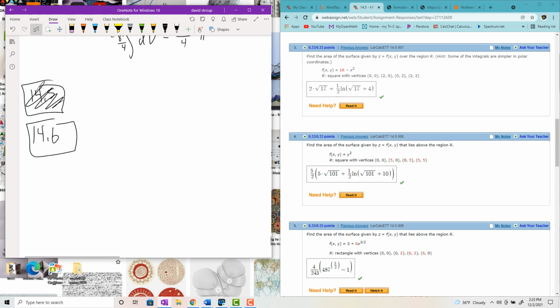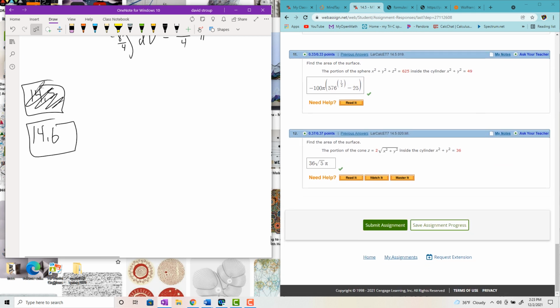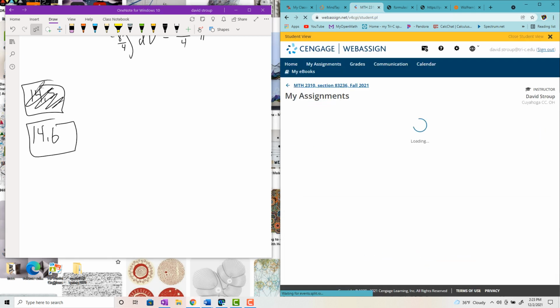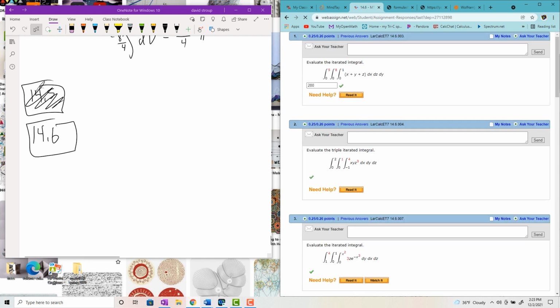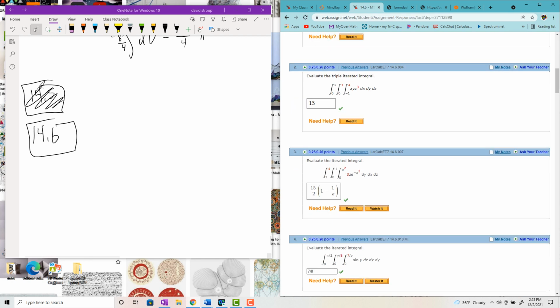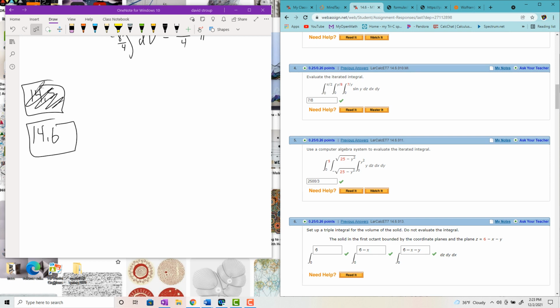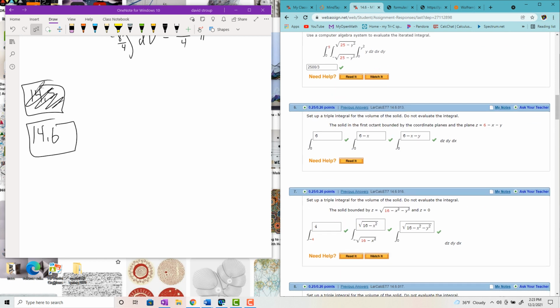And 14.6 was then on finding volume with triple integrals. I just need to find a way to cut down on the millions of sections that we are investigating here. So you should be able to do any triple integral, but I'd be more interested in actually applying these for volume.